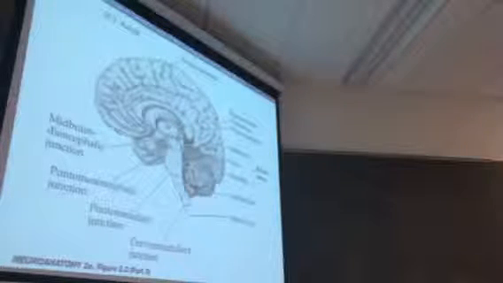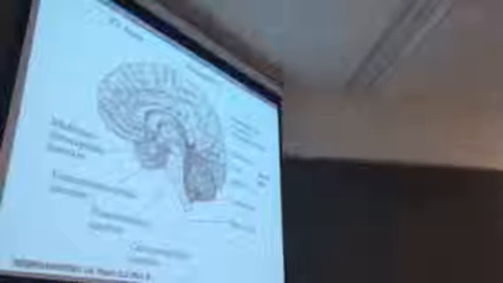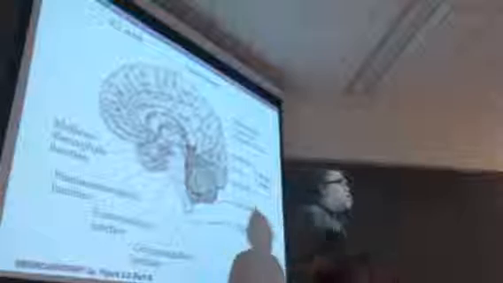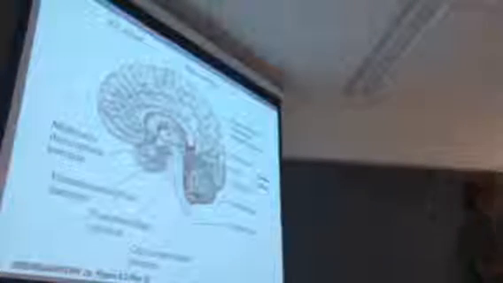This is your basic lateral view of the internal part of the brain. All of these names look really complicated. They're really easy when you sit down and think about the roots of the words that go into them. They're not that tough.